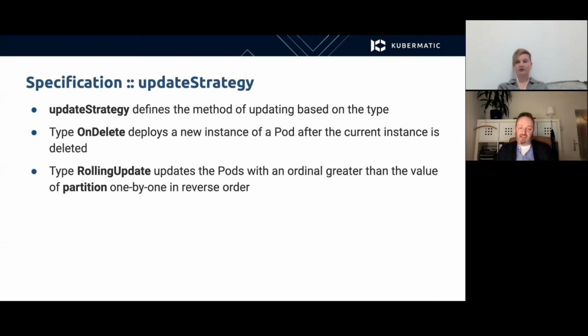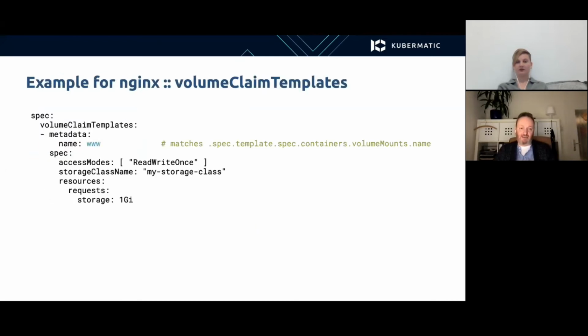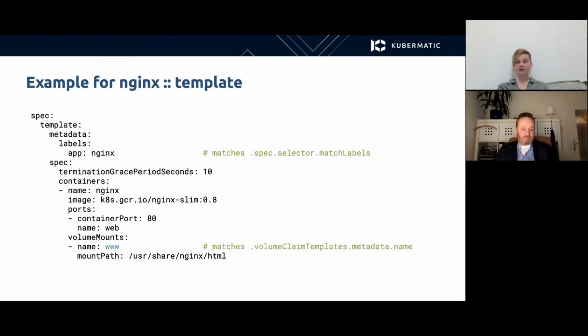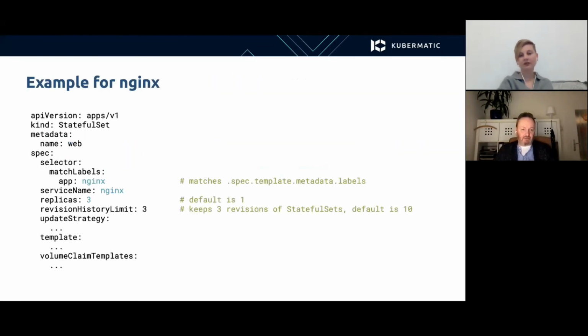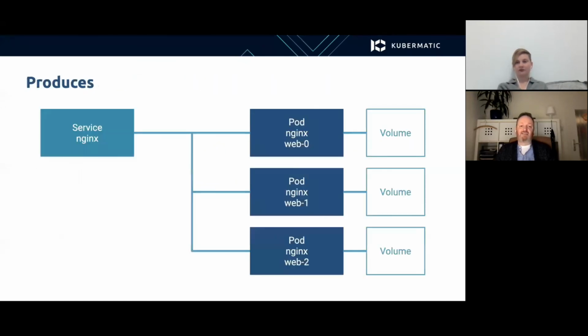So what does it mean? Let's jump back again. Here we have our 3 pods. Let's see the graphics. If I now do an update with the partition number 0, number 2 gets dropped, 1 gets dropped, 0 gets dropped, and then 0, 1, 2 get created again.